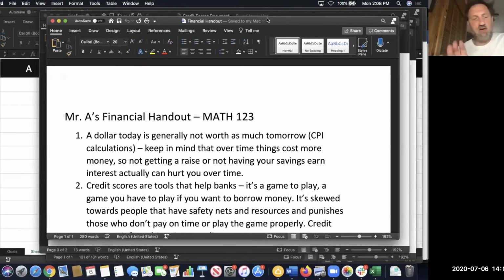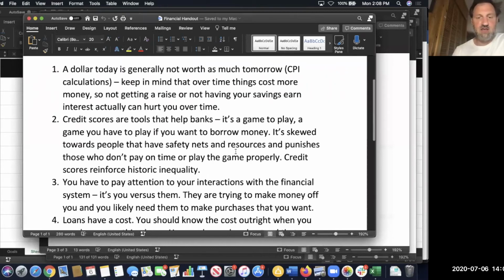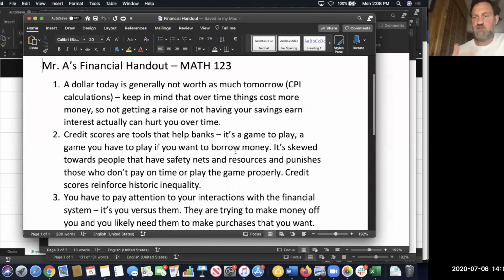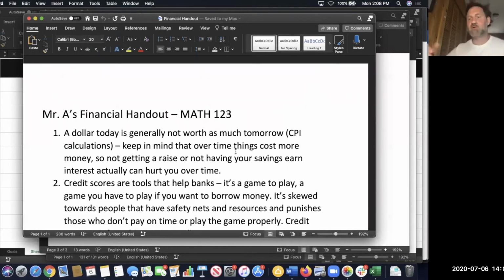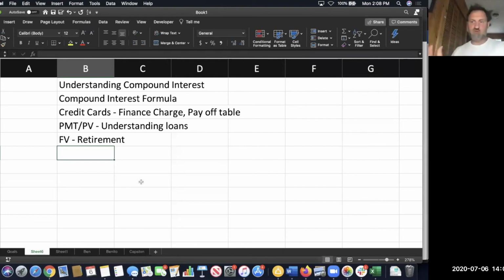So this financial handout goes over the top 6 things that I think are important to you as humans, as people who exist inside of this capitalist society and have to worry about money. So I'm going to put that up into the modules and then put an announcement up for it. So that's just the overview of the financial section.